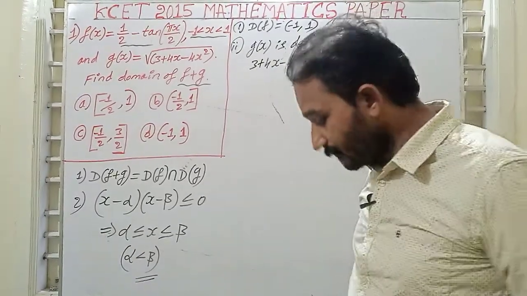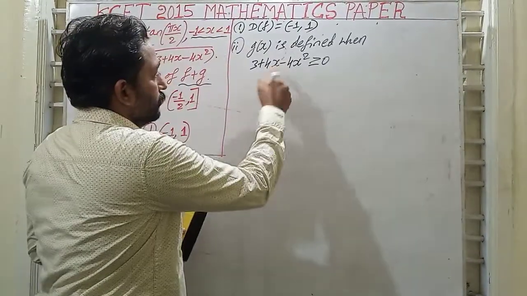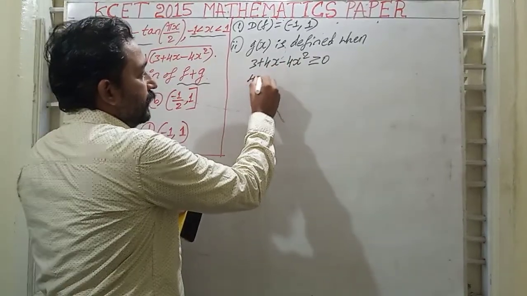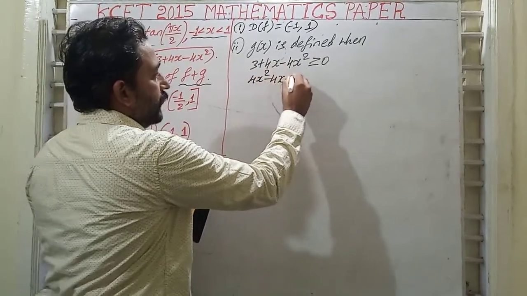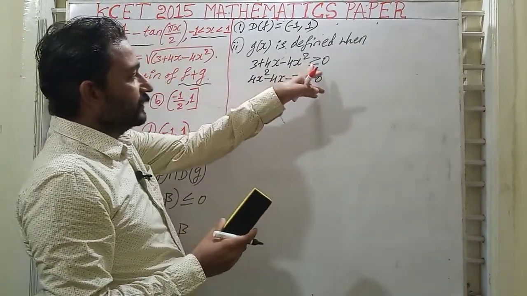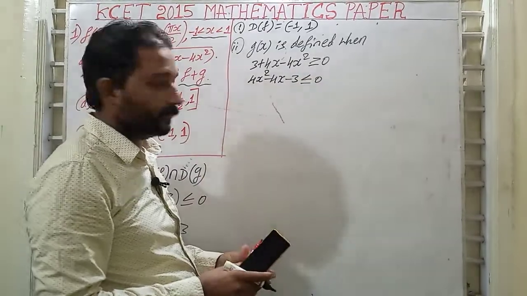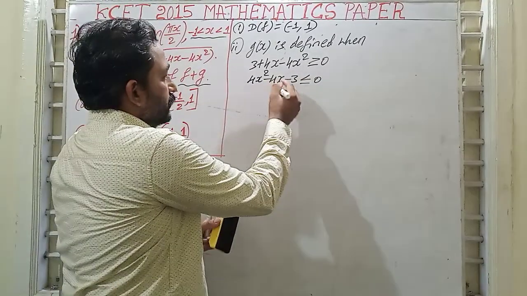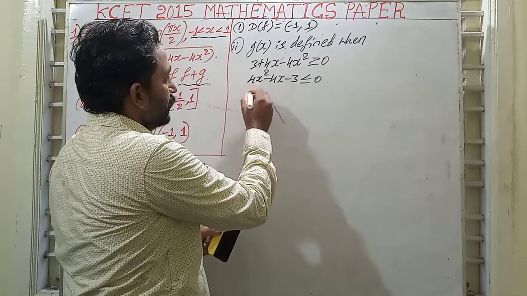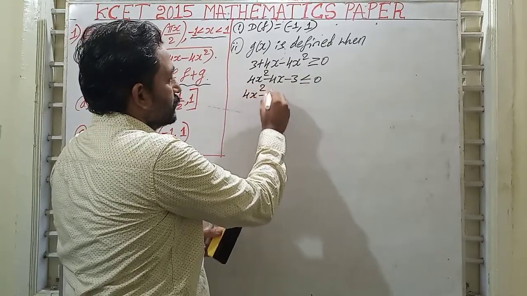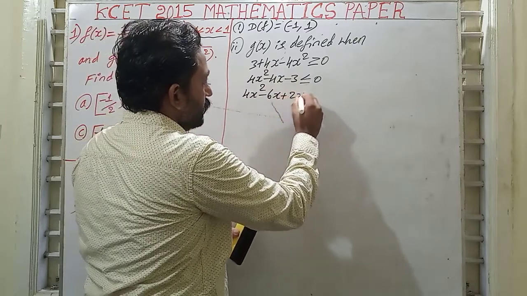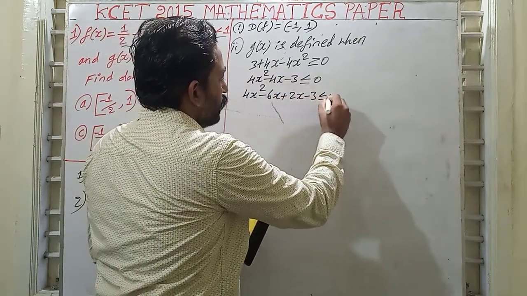Simplify this: multiply by minus 1 on both sides, and it becomes 4x square minus 4x minus 3 less than or equal to 0. Multiplying by minus 1 changes the inequality in the opposite direction. Here the product of 4 and 3 is minus 12, so minus 12 can be written as minus 6x plus 2x minus 3 less than or equal to 0.